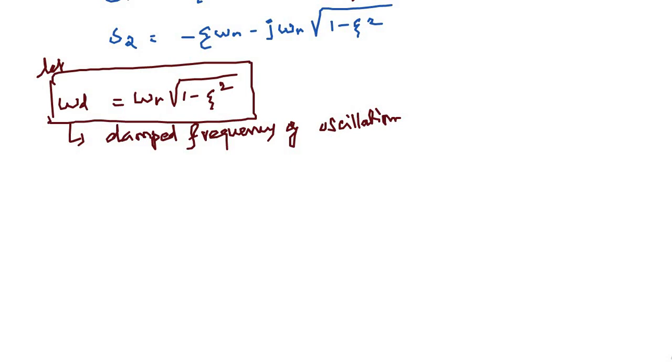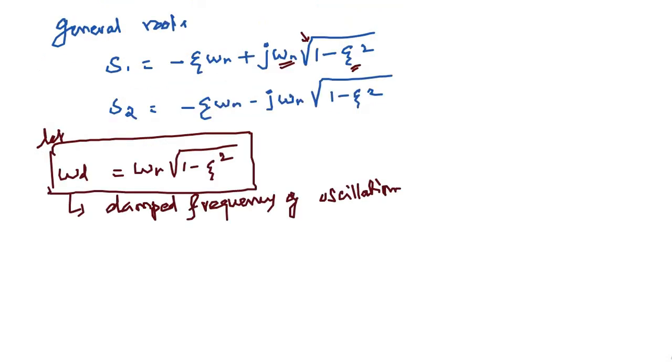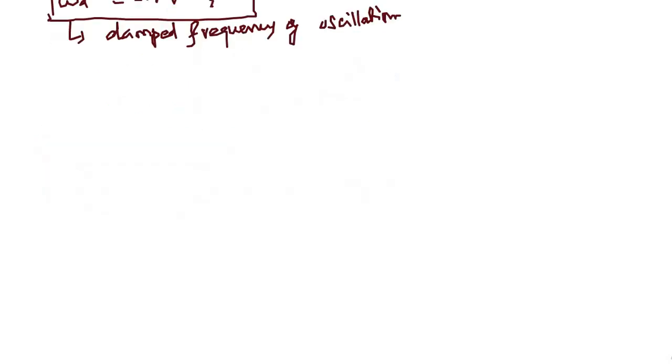So the system has 2 roots, and the nature of the roots is actually decided by zeta. So zeta is the damping ratio.